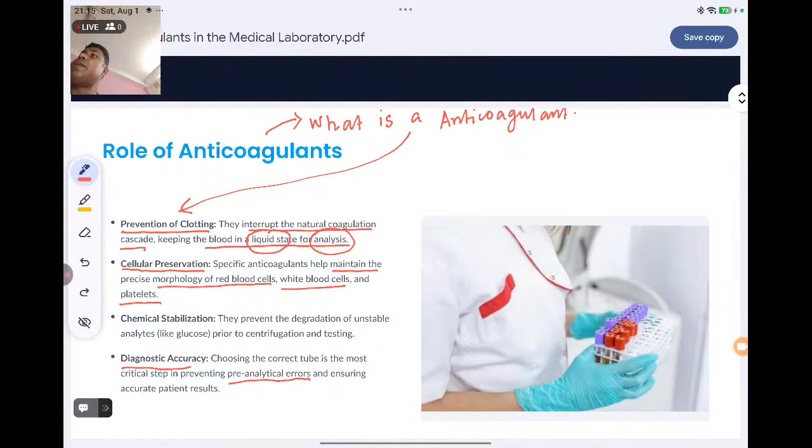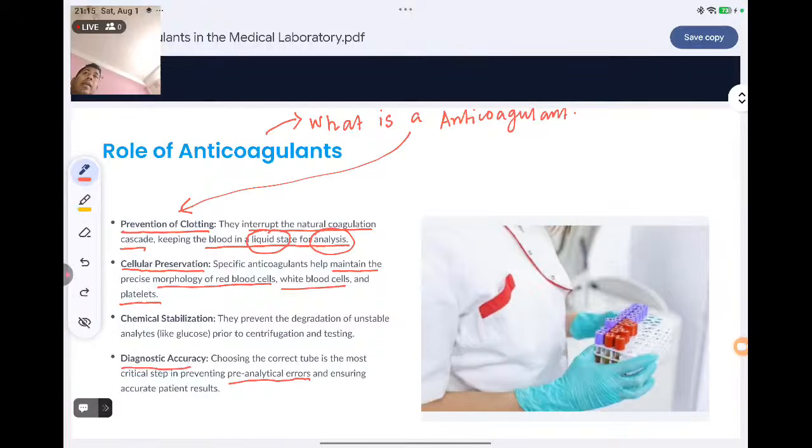So if we want to do a coagulation test, then we have to take the whole blood in the citrate tube, which is blue in color, which has a blue top. If we want to do any coagulation test, then we have to take the whole blood in the light blue tube, and it contains sodium citrate.